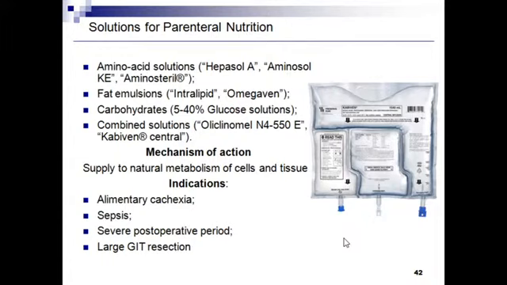Alimentary cachexia, for example, debilitated patients, sepsis, the severe post-operative period after major surgeries, after cardiovascular surgeries, after operations on the gastrointestinal tract, lungs, respiratory system, kidneys, when the post-operative state is very severe and the patient cannot take fluid for several days.